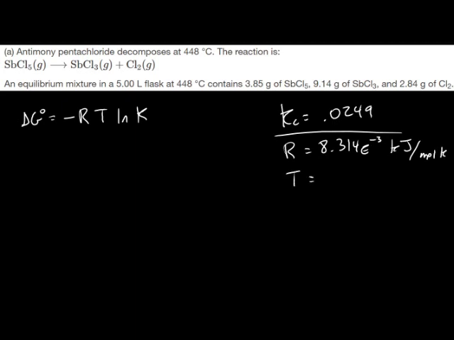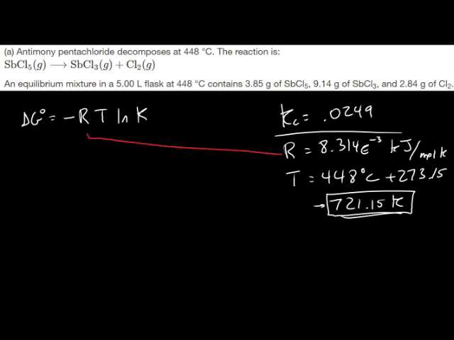For the T, we'll say that's 448 degrees Celsius. But we can't use Celsius. We'll have to add 273.15 to change to Kelvin. If we do the addition, we will end up with 721.15 Kelvin.